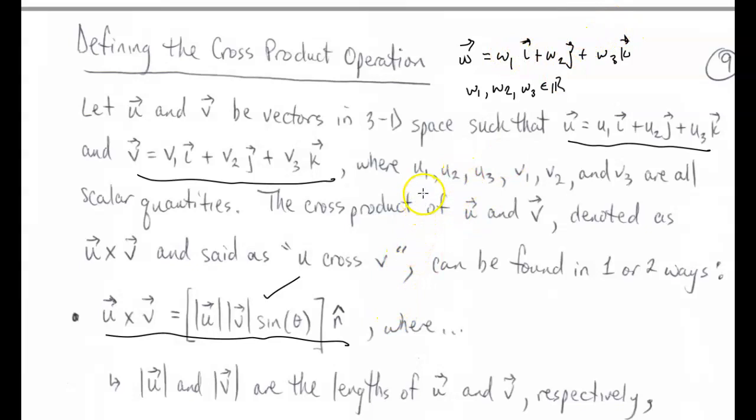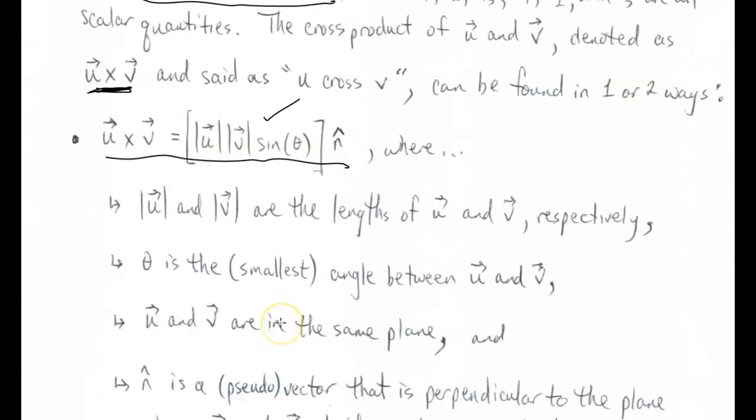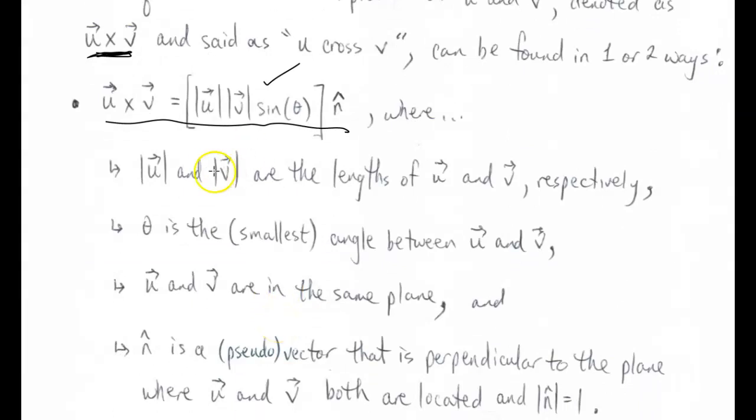If we're considering all that, then the cross product of u and v, which we denote as this, can be found one of two ways. The first way that we define it is in terms of the sine function. We say u cross v is going to be the product of the magnitude of both vectors u and v times sine theta. And this takes care of the magnitude part of this pseudo vector.